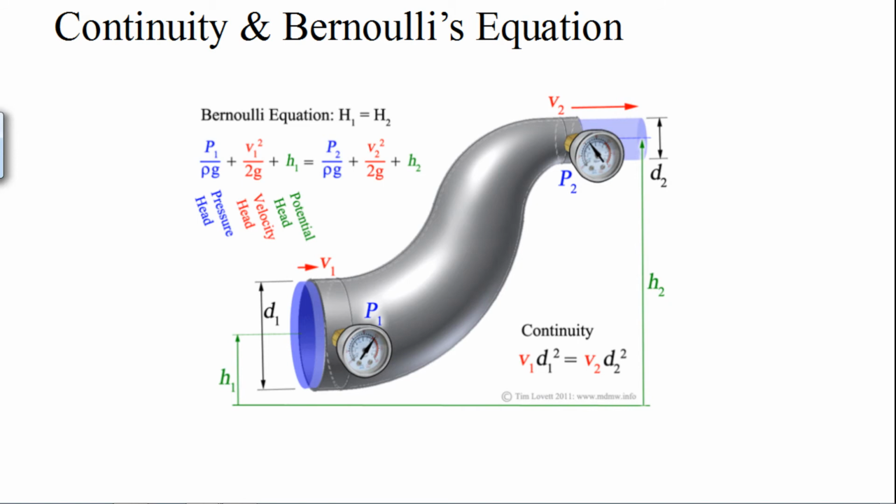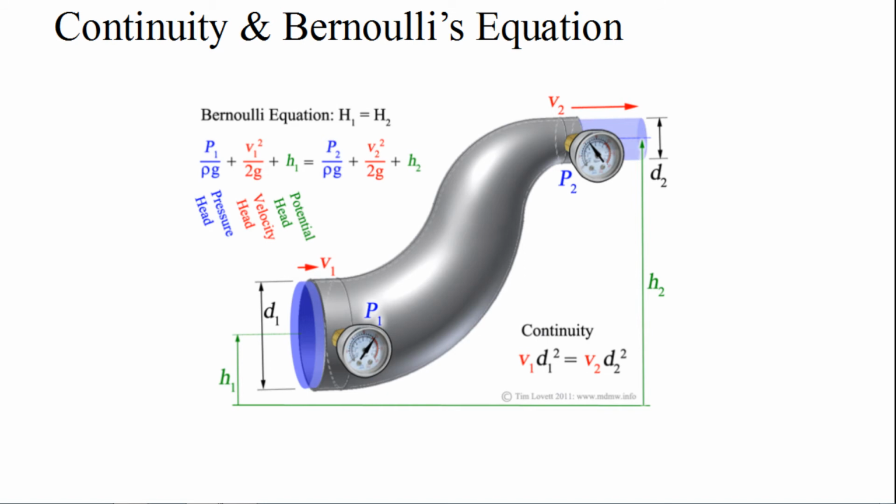Last, and very important, the heart of fluid mechanics, is the continuity and Bernoulli's equation. You may be scared because of some equations, but don't worry, it's very interesting and very simple. We'll cover only two equations, the continuity equation and Bernoulli's, and they are based on the basic energy conservation principle: total energy remains constant. Here you can see section 1 and section 2.